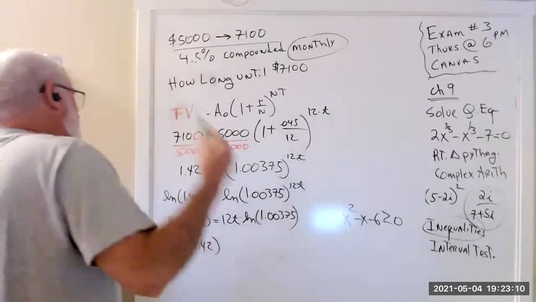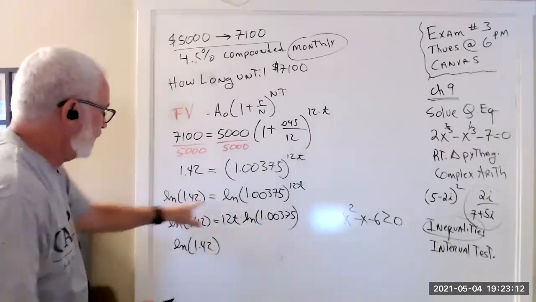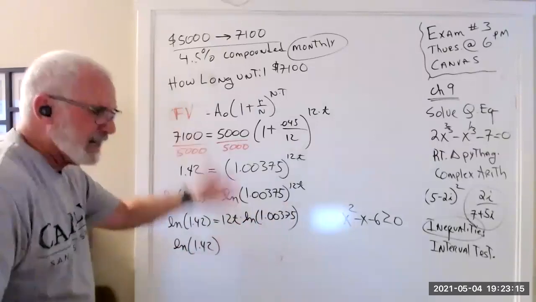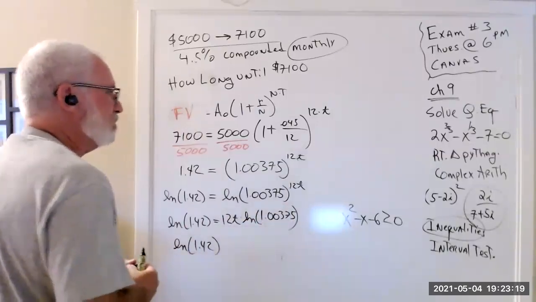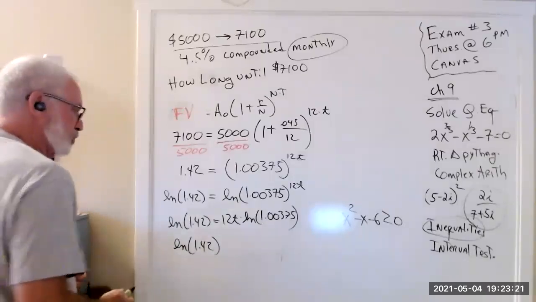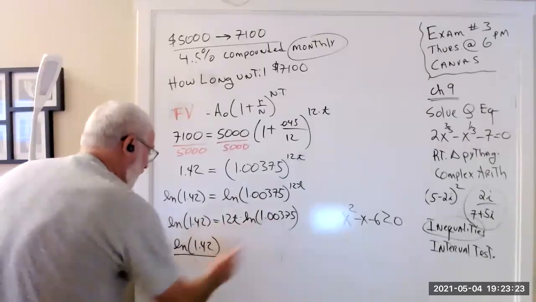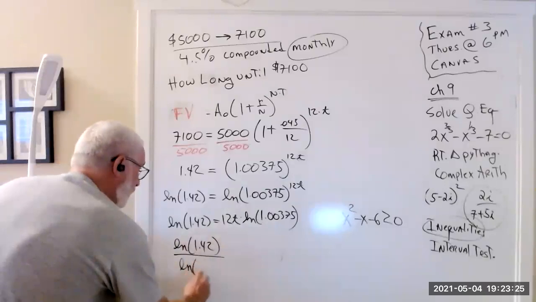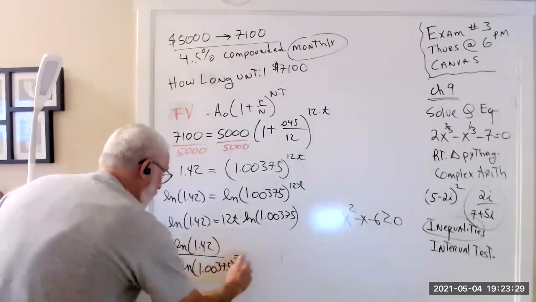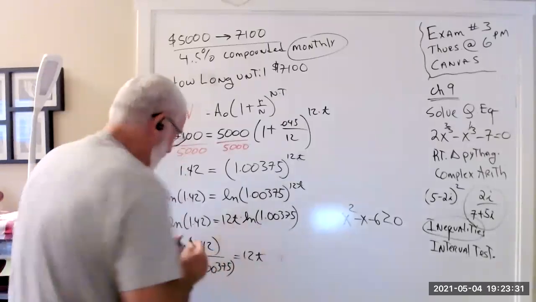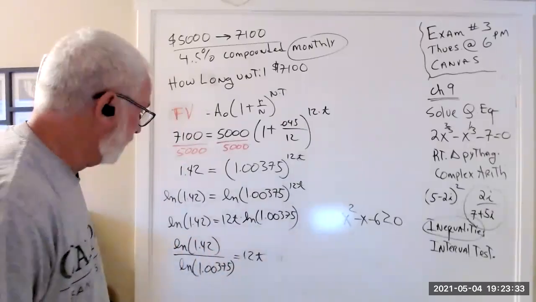But once I started showing you guys the ln of both sides, I want to kind of stick with it, just so I hopefully don't confuse you too much. Divided by the ln of 1.00375 equals 12t.